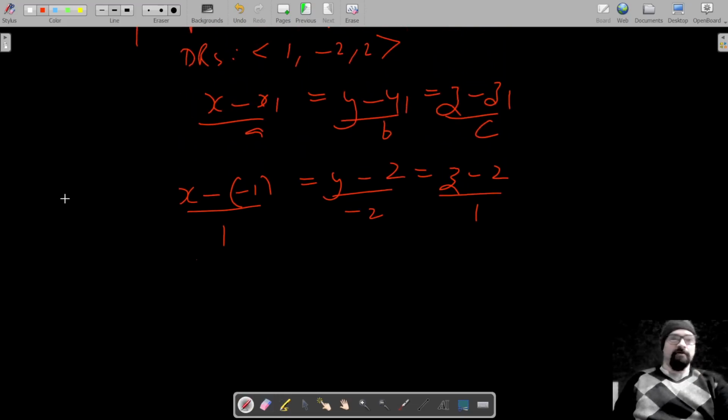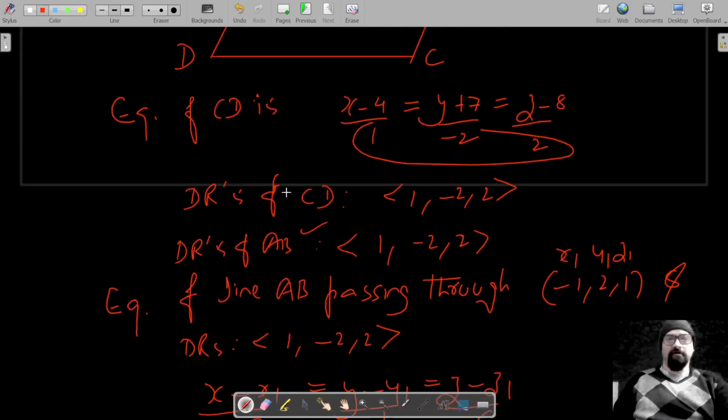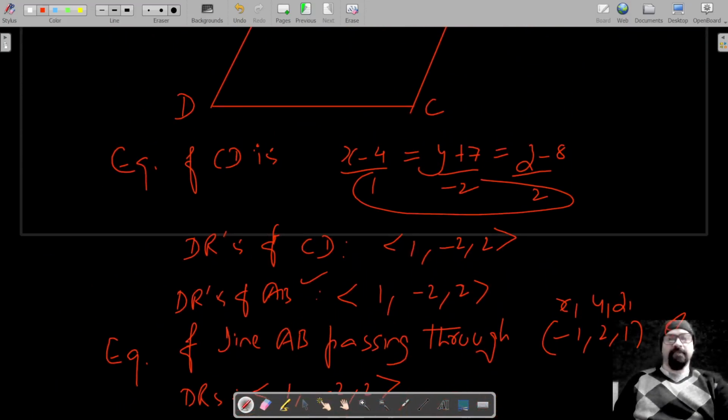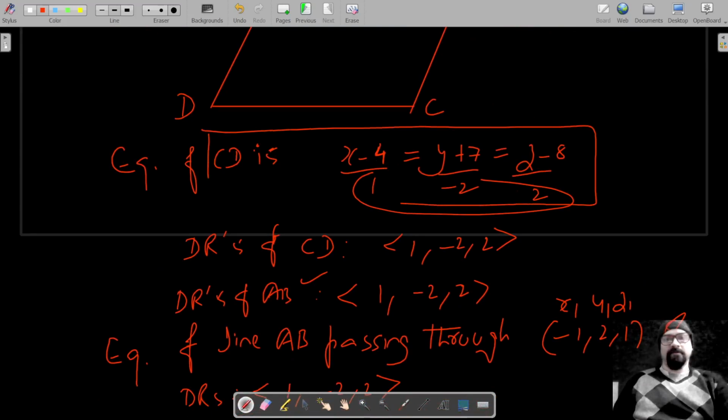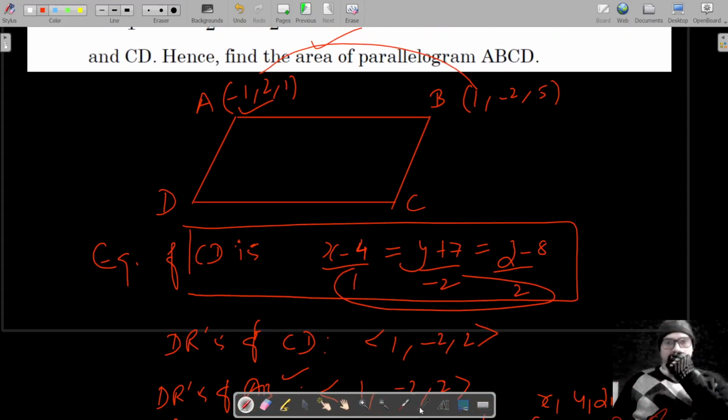Now this is the equation of AB in the Cartesian form, and this is the equation of CD. And we have to find the perpendicular distance between them.